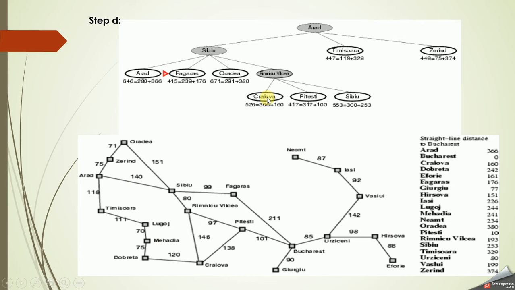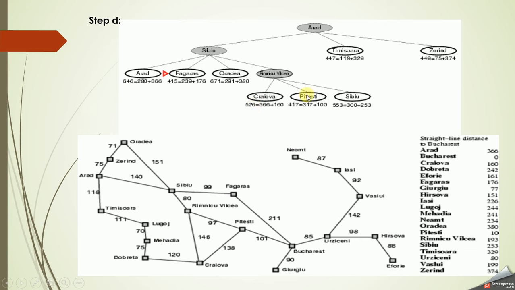So we have to calculate the path cost of Craiova to Rimnicu Vilcea plus Sibiu plus Arad. All these three have to be calculated here for g of n. That way we have got 366, plus h of n value is 160. So we have got the f of n as 526.